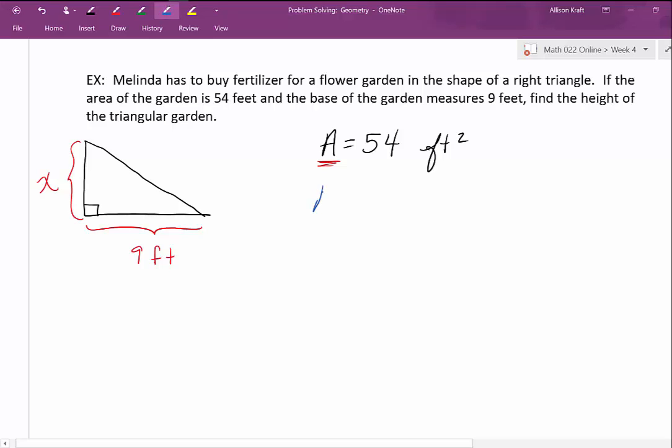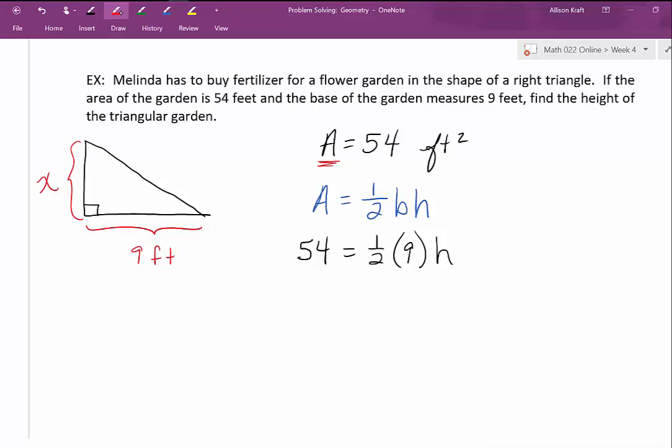Area of a triangle is 1/2 the base times the height. We're going to plug into this formula. We know that our area is 54 square feet. Our base is 9. And we want to find the height.